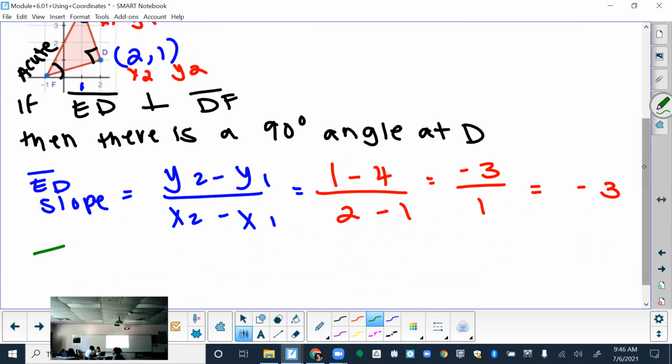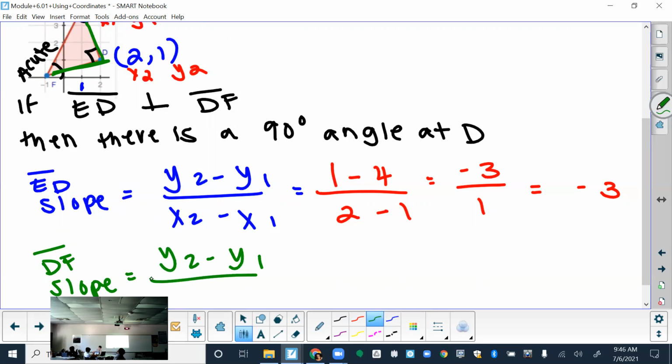What other line do I need to find the slope for? Yeah, good, because that's the one that's also on the potential 90 degrees. So find the slope of DF. I'm doing it on the board, but you should be trying it on your own paper.